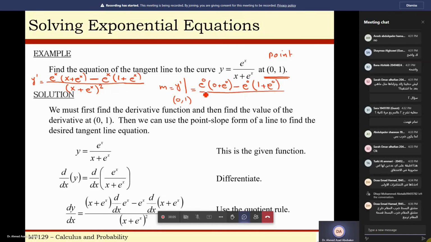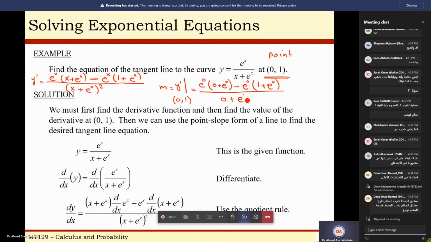Substitute the x 0 over 0 plus e to the power 0 square. So we have e to the power 0, 1 multiply 0 plus e to the power 0, 1, 1 multiply 1, 1, minus we have 1 plus e to the power 0, 1, 2, 2 multiply 1, 2 over 1 square, 1. So we have negative 1. So the slope m equal negative 1.